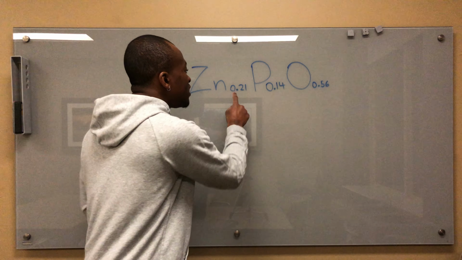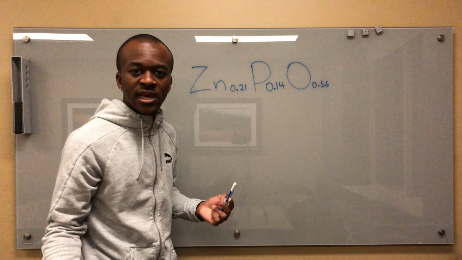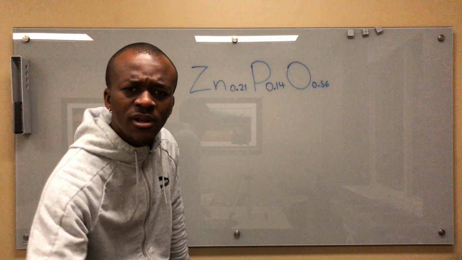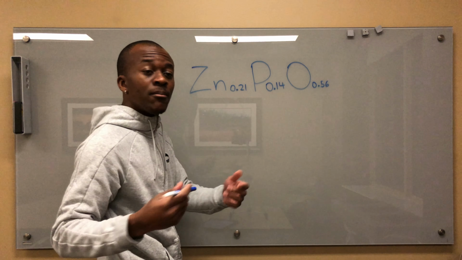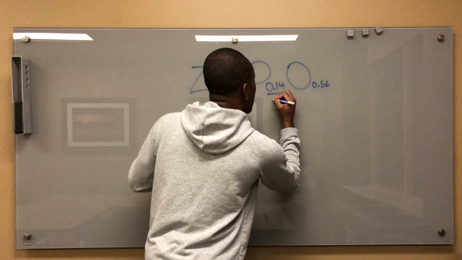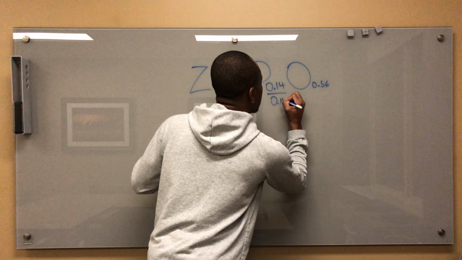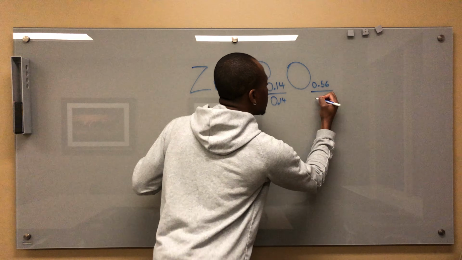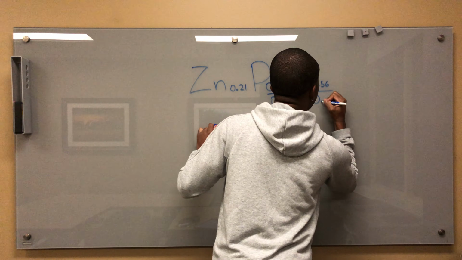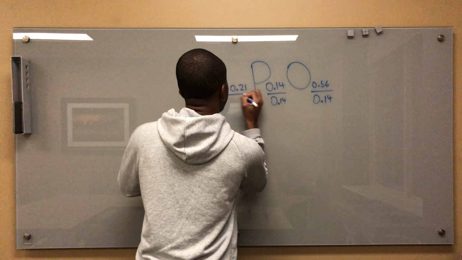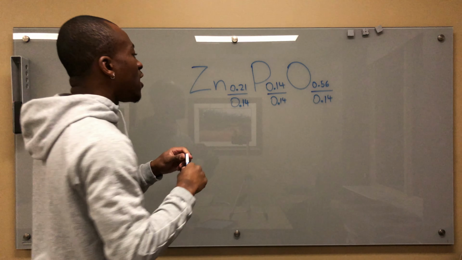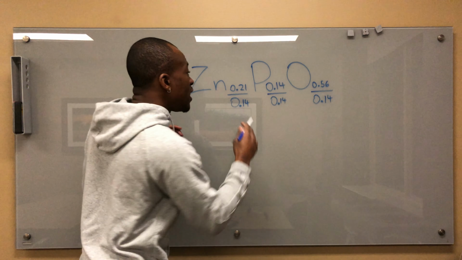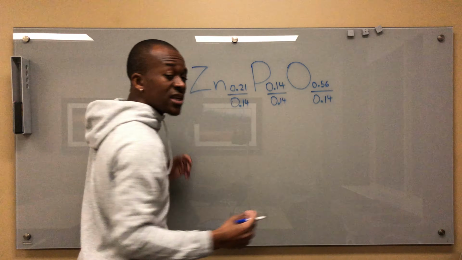One of these is going to be the smallest. They're normally not all the same, otherwise you'd already know the empirical formula, right? So I'm going to divide by the smallest number that is present. I have this divided by 0.14, divided by 0.14. Why did I divide by 0.14? It's the smallest out of all of the numbers that I have.